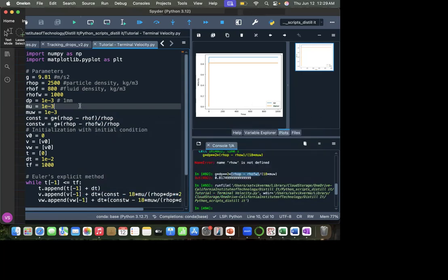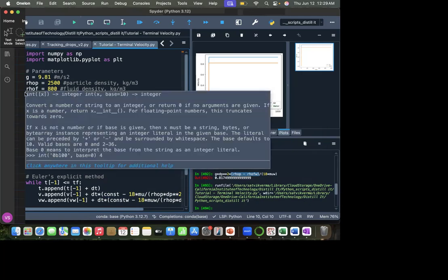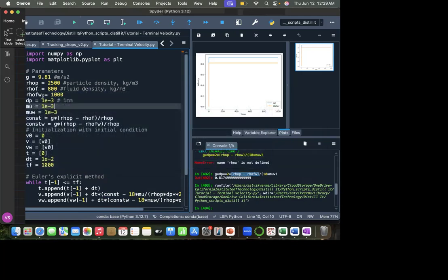I would highly recommend you to try this out yourself by considering, just like we've considered two different fluids, I would recommend you to try the same code, modify the same code for two different particles, for multiple particles, maybe see if you can generalize a code for, let's say, n particles and see how the velocity evolution takes place.